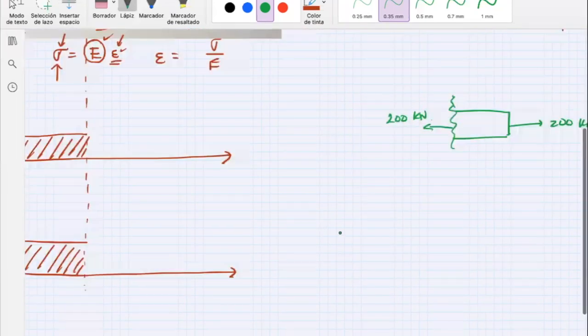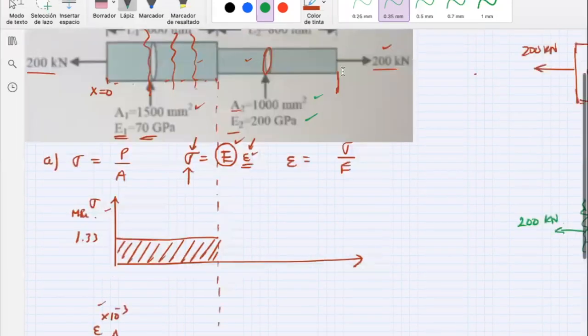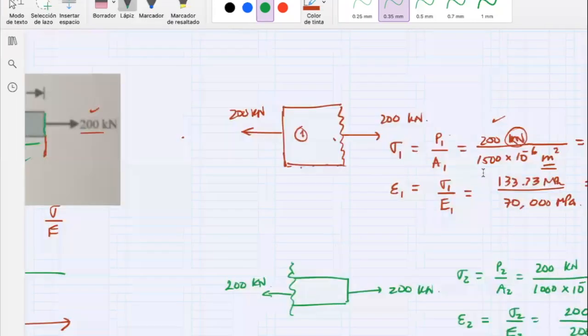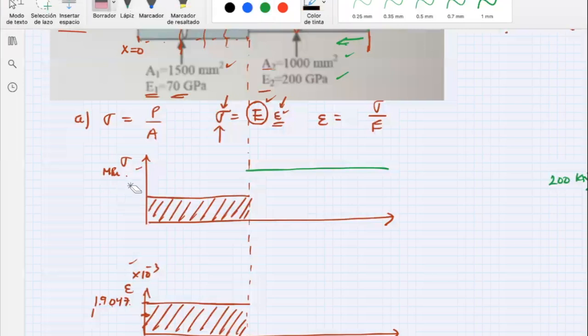Now the only thing I need to do is start from here to this place, or maybe you can start here. There's going to be a jump there. Sorry, I think I put these numbers wrong.